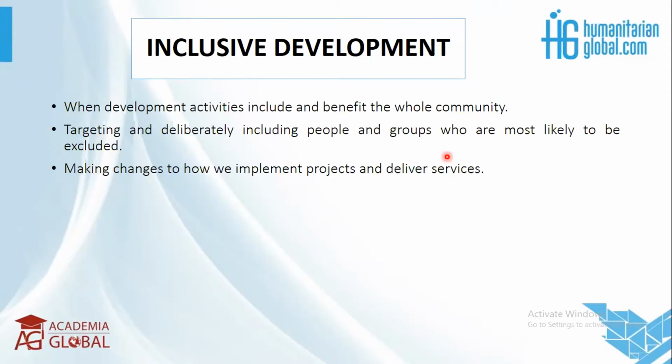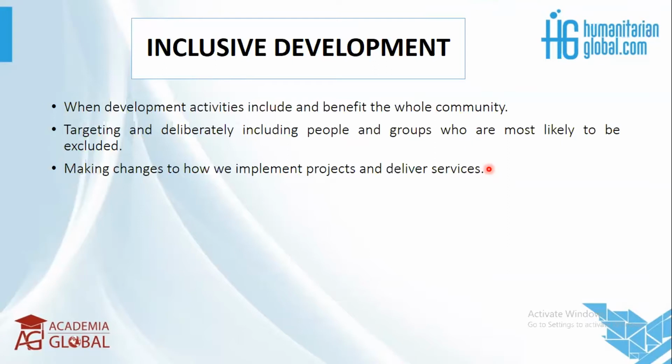And also it means you are making changes to how we implement projects and deliver services. So even as WASH professionals, it means that we need to make certain changes on how we implement our projects and how we deliver services. We'll be looking at some examples in terms of accessible WASH technologies, and some of the modifications that we may need to make.